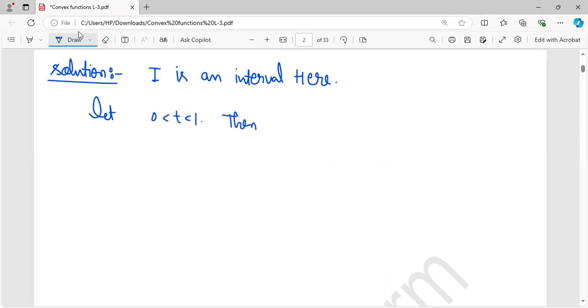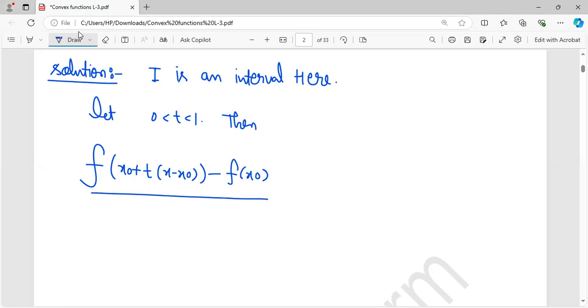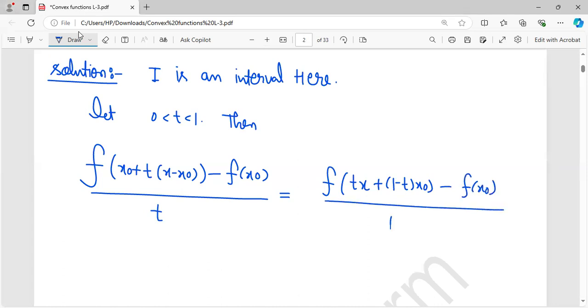Then f of x naught plus T times x minus x naught, minus f x naught, upon T. What is this? This is equal to f of T x plus 1 minus T x naught, minus f x naught, upon T.